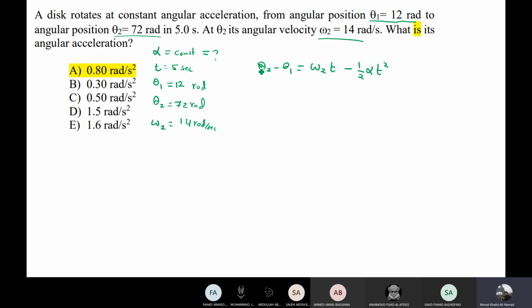If you remember, we have another equation: theta 2 minus theta 1 equals omega initial, omega 1 t plus 1/2 alpha t squared. Do you remember this one? Yes. Okay, since I have omega 2, I'm going to use this one. To look for alpha, just substitute.